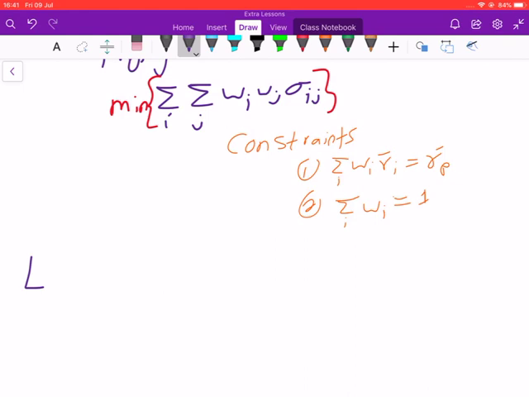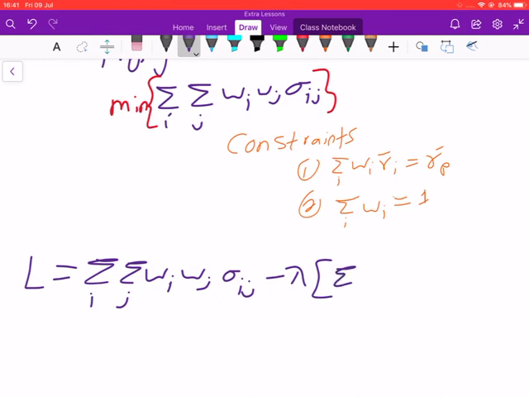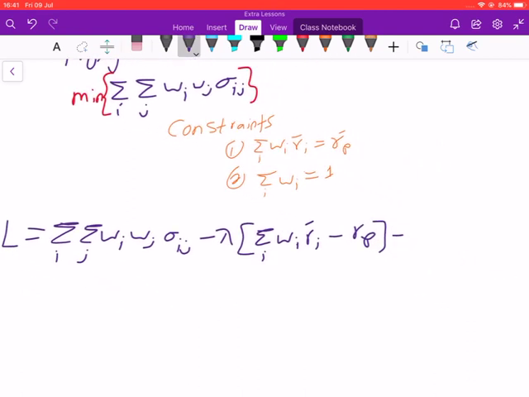So your Lagrange is going to be something like this: the sum over i, j of weight i, weight j, sigma i j, minus lambda times the constraint, the sum over i of weight of asset i times return, minus the returns of the portfolio, minus mu times the sum over i of weight i, minus 1, right? So this is your Lagrange equation.